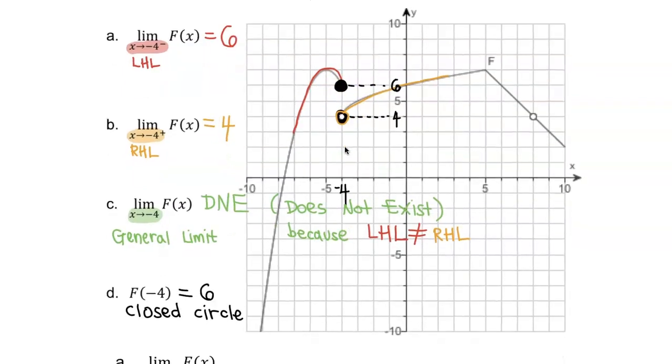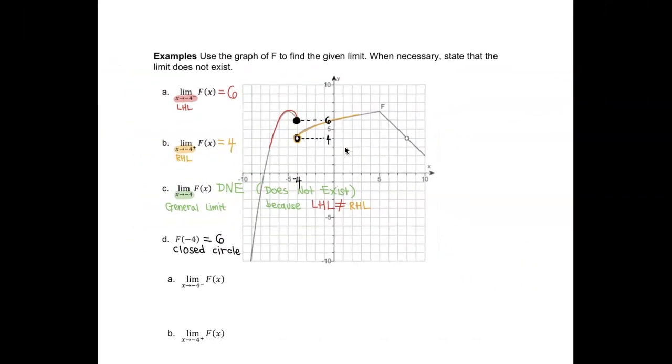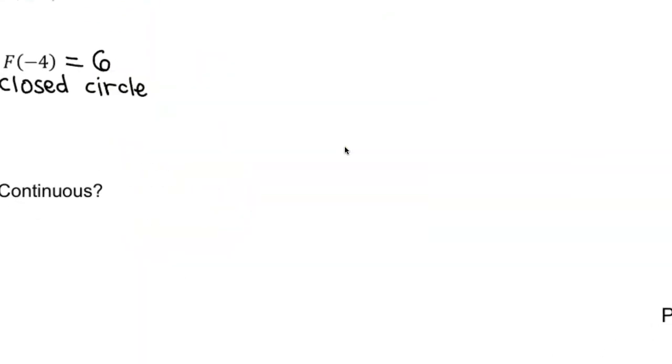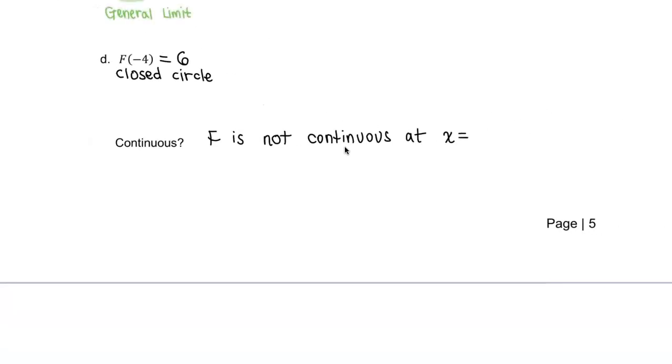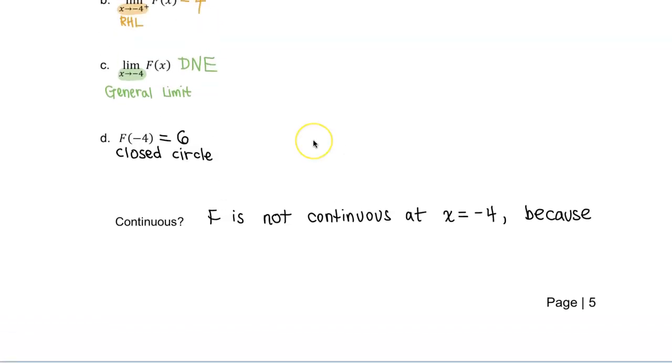And what we're going to say, and I'll write that down here in the blank, is f is not continuous at x equals -4, because we have to compare these two.